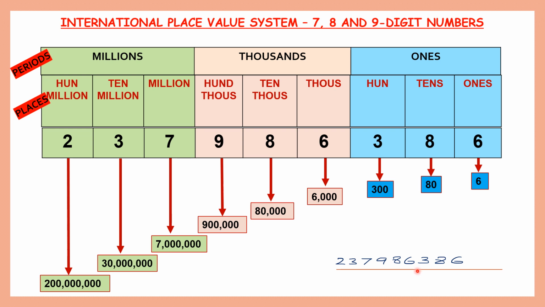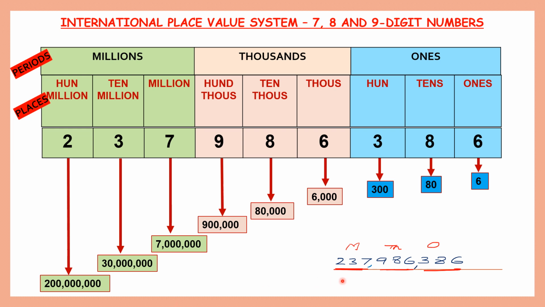So 1, 2, 3 and we place a comma here. Again we have 1, 2, 3 and we place a comma here. Now as you can see, this is the millions period. That is 237 is in the millions period, 986 is in the thousands period and 386 is in the ones period.